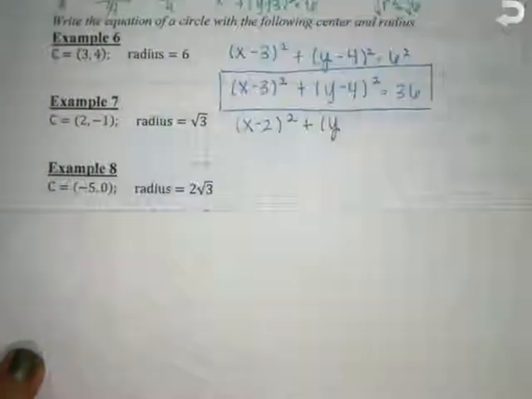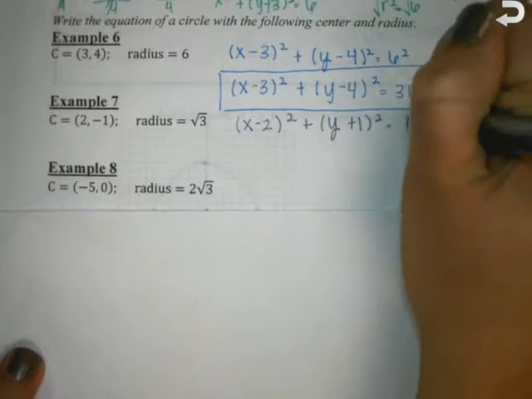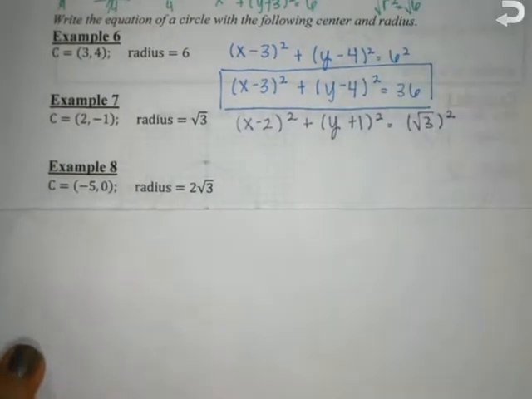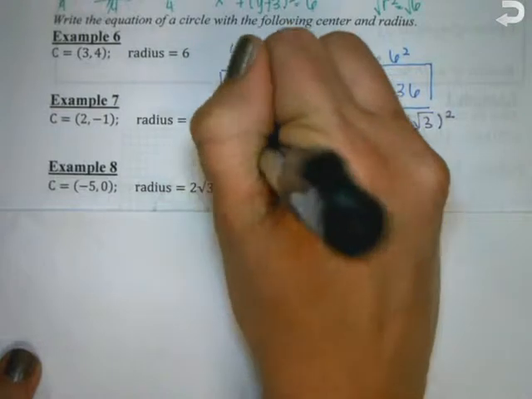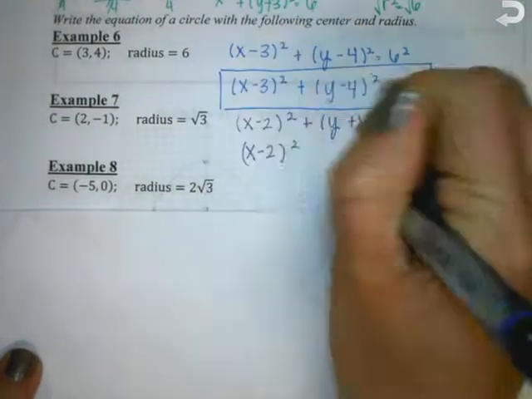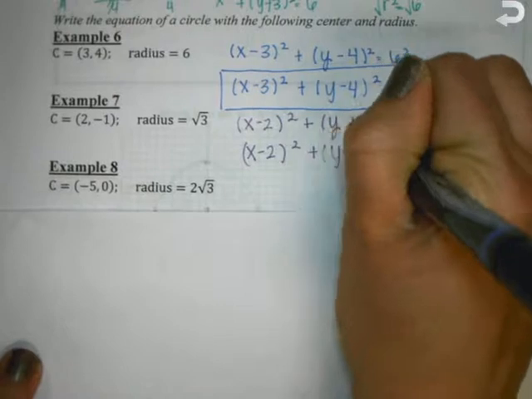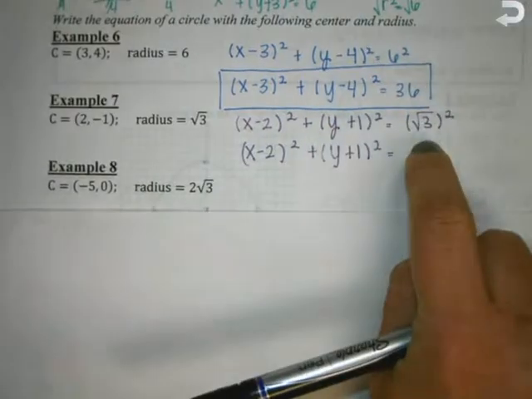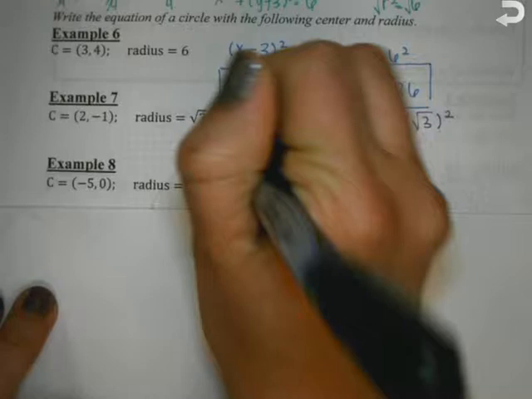None of these simplify anymore, so that's x minus 2 squared plus y plus 1 squared equals, what is the square root of 3 squared? 3, good. So that's your equation for number 7. Yes? Awesome.